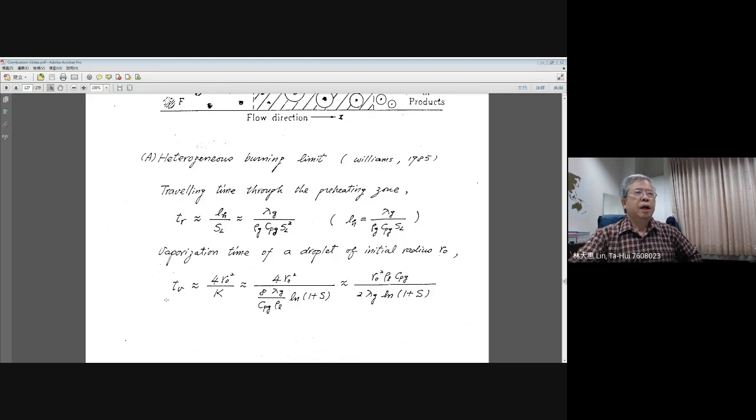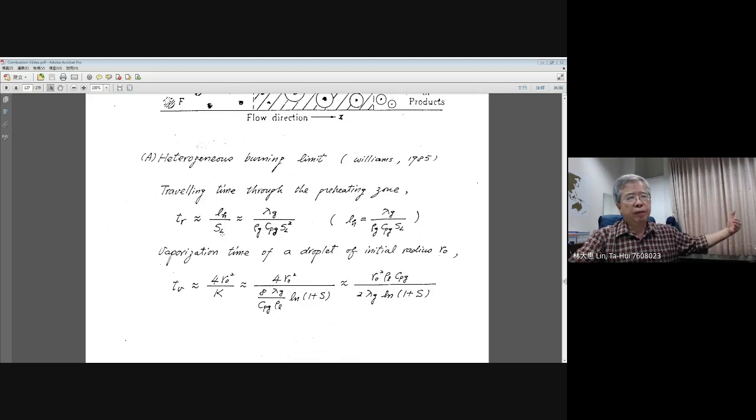Okay, now in Williams' book, they simply give some estimation to compare these two time scales. The first one, the traveling time through the preheating zone, can be determined by the preheating thickness, the length, divided by the speed, right?